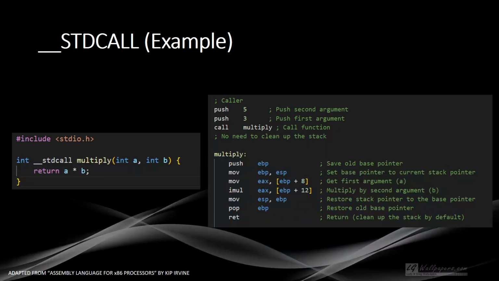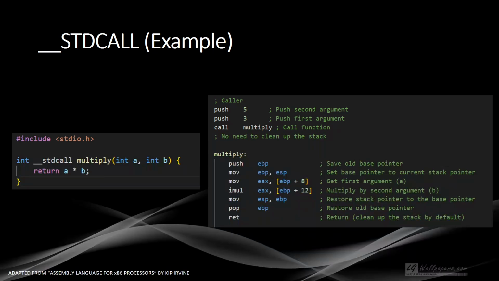If you look at the assembly code, we actually haven't started programming in it, but you can see that the order is right to left. So we start from b, then a. The comments say push the second argument, push the first argument, and then call the function. So this is what we mean by right to left, that means reverse order.